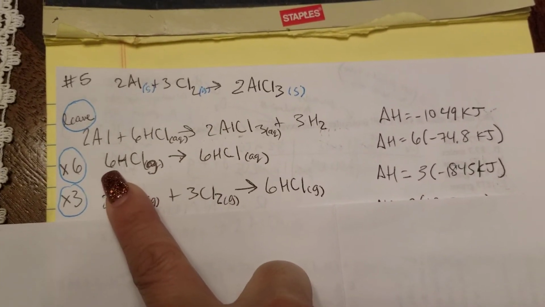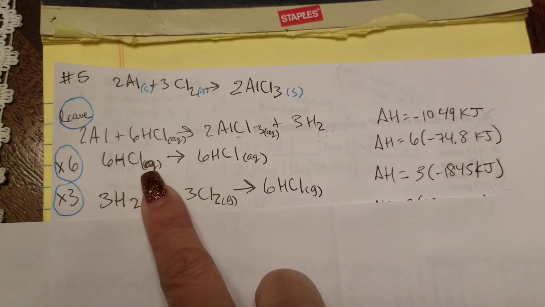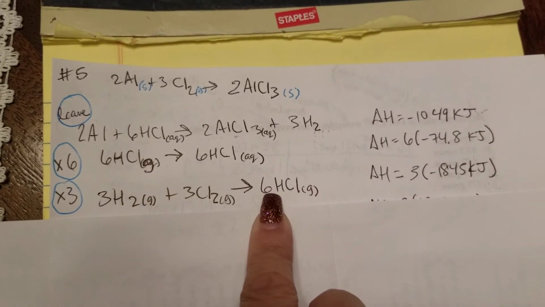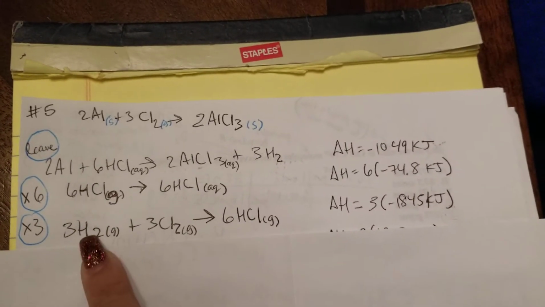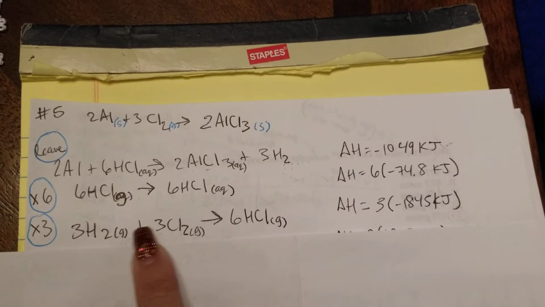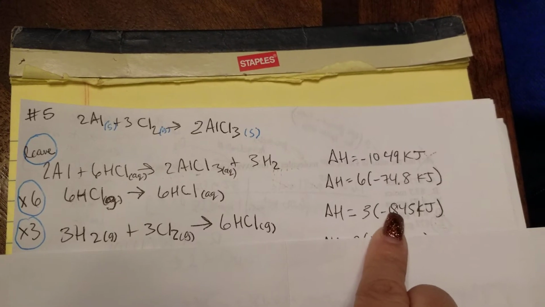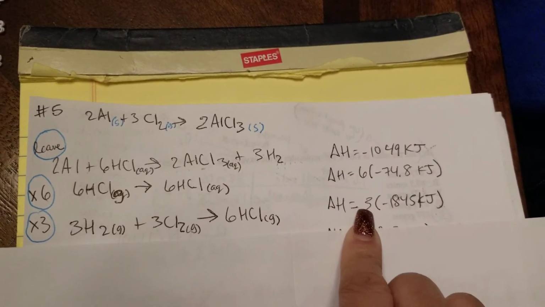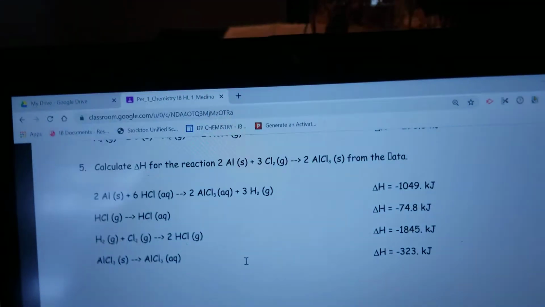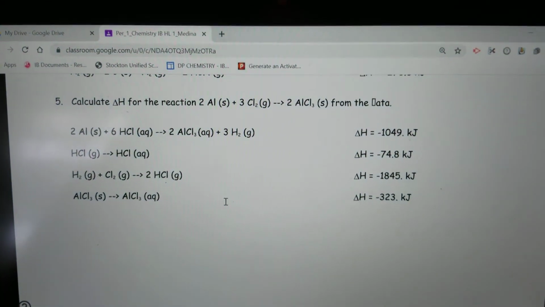And so that these 6 HCl gas molecules will cancel with these 6 HCl gas molecules. So you multiply the third equation by 3, and then you have to multiply the delta H by 3 as well.